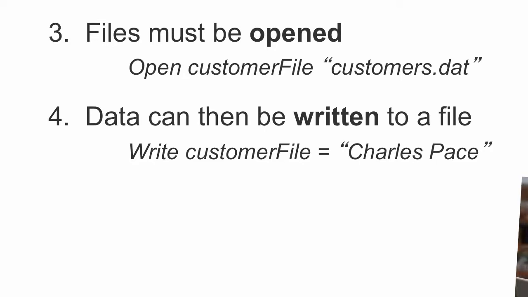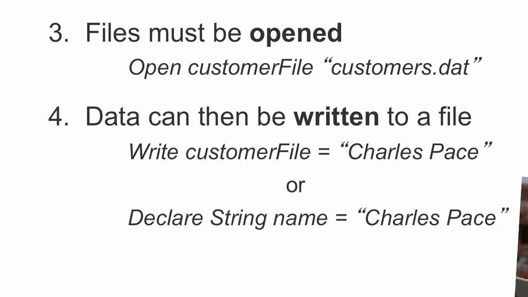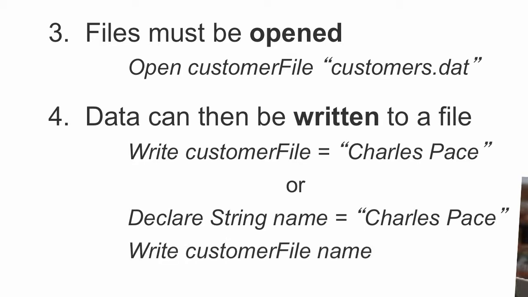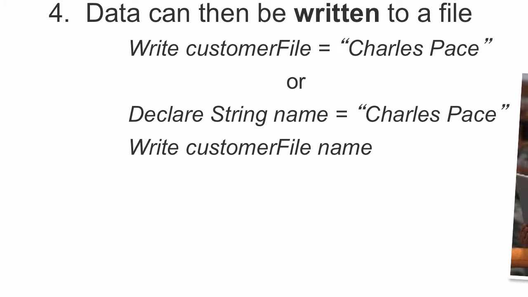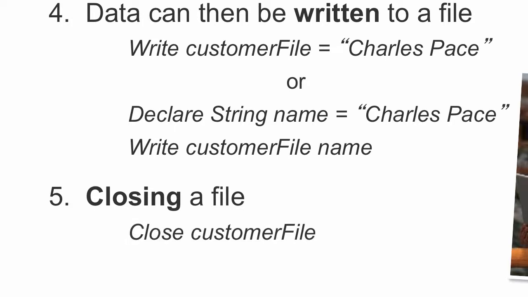All right, so that's in quotes. That's a piece of data. That's a string. Or we might say something like declare string name equals "Charles Pace". And then we would write customer file name, which would in this case be the variable, which is populated by Charles Pace. Now lastly, we have to close that file out. We're going to go out there and close the customer file.